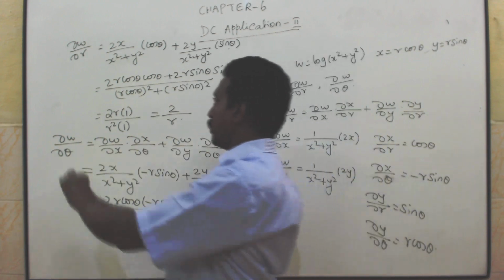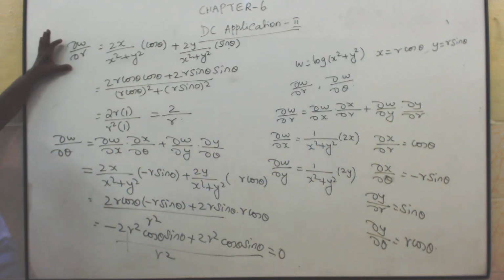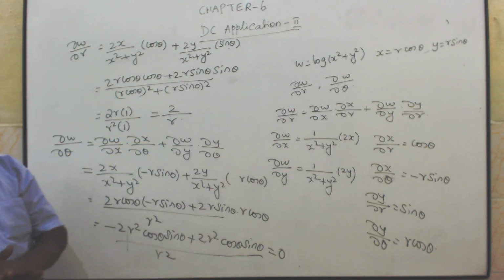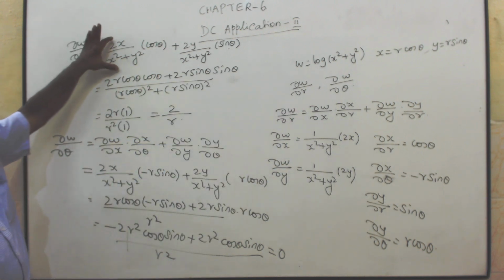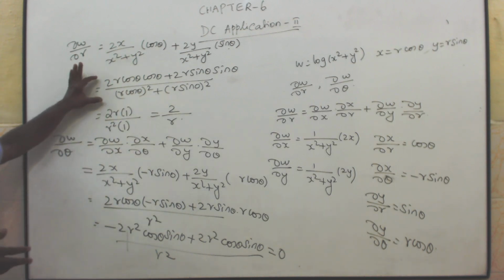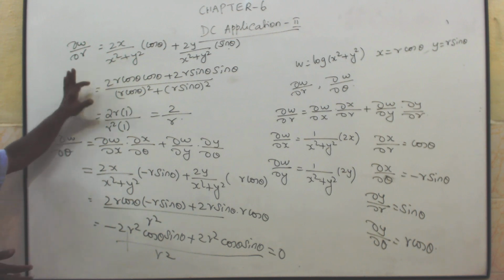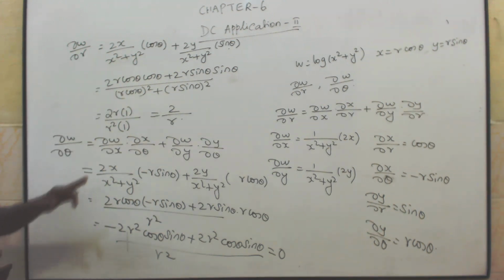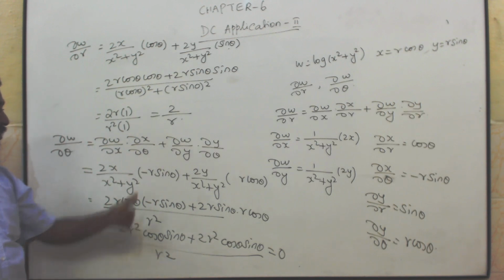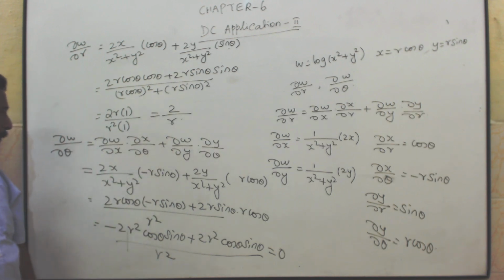We have to find ∂w/∂r. What is the formula? ∂w/∂x into ∂x/∂r plus ∂w/∂y into ∂y/∂r. Just substitute x equal to r cos theta, y equal to r sin theta. Get this result. 2 are common, cos square theta plus sin square theta equal to 1. R square common, cos square theta plus sin square theta equal to 1, that is 2 by r.